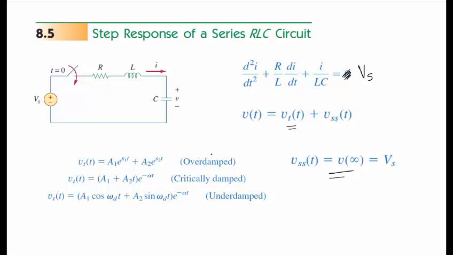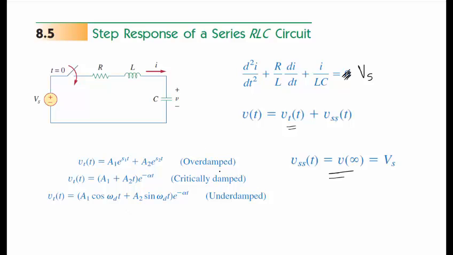And the transient response is what we've been doing all along, which is these three different forms of the solution to the differential equation that depend on whether the roots of the characteristic equation, it's called that because it's characteristic of how the circuit behaves, are real, or whether part of the root goes away, so you get critically damped, or you get the underdamped situation when the roots are complex numbers. So this is the transient response.